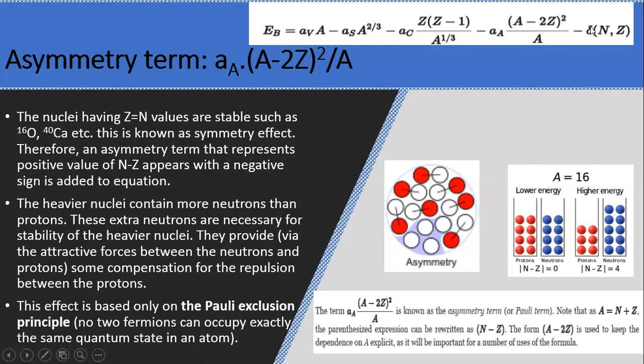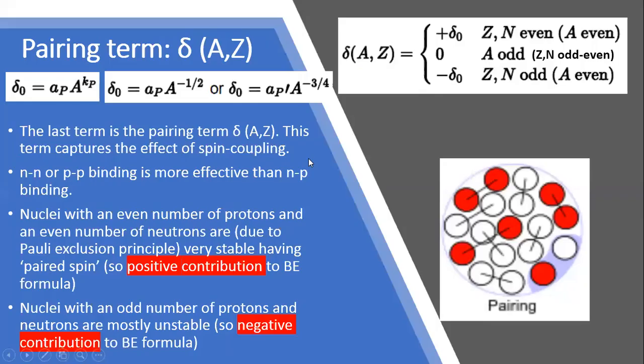And here it may be positive and it may be minus. Here just a minus is given, as shown in the formula, but the value may be minus or plus. I am going to describe when the value will be minus, when it will be 0, and when it will be plus. Let's suppose the first contribution is when A, the mass number, is even.